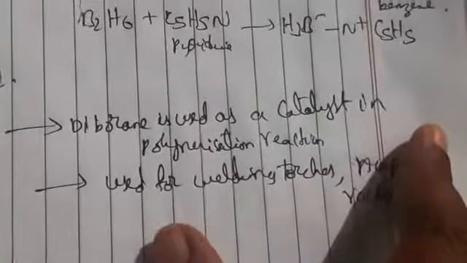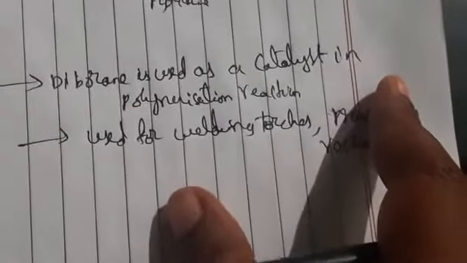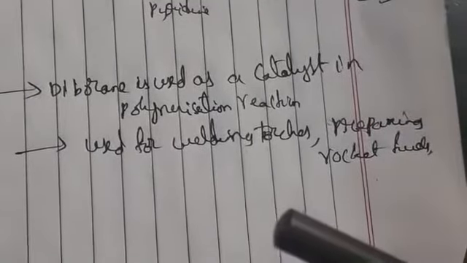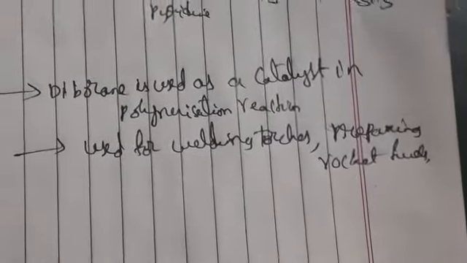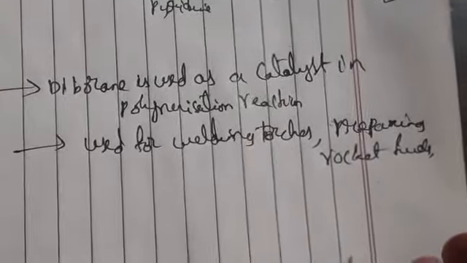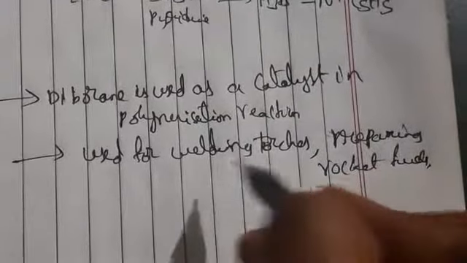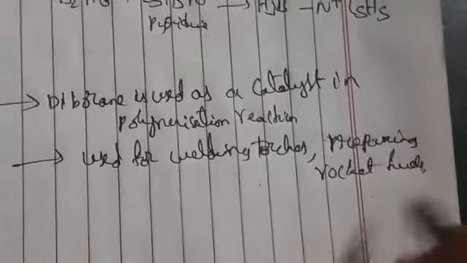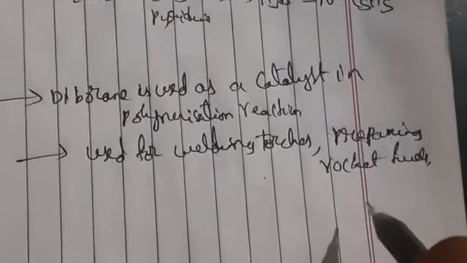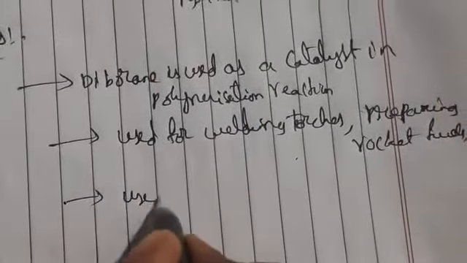Polymerization is where small monomer units form a large molecule, and for those reactions diborane is used. It is also used as a reducing agent.